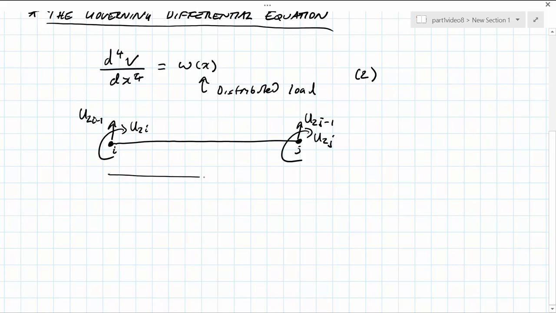The element has an overall length of L and coordinate axes y and x.